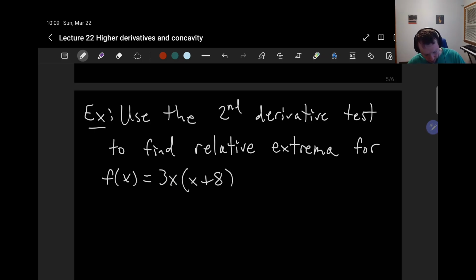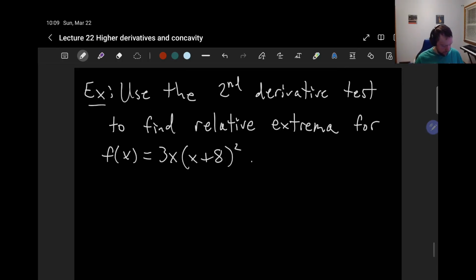This one is also a polynomial, but it's at least written in an unusual form. So at least that's something different we're doing. Now you could, in theory, multiply all this out to get it in a standard form, but we're not going to do that. We're going to get some practice in using product rule and chain rule.